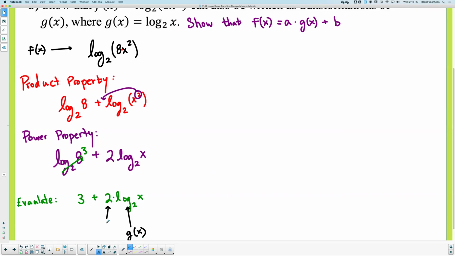That's our a. B was supposed to add to the g of x. What value is adding? That's our b. So we could rewrite this as f of x being log base 2 of 8x squared equals a. What did we say a is? 2 times g of x, log 2x, plus b, which is 3. There's our answer.